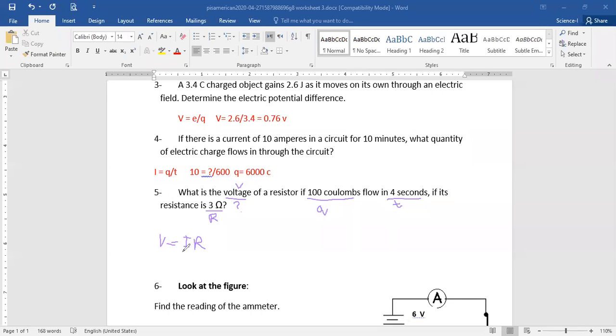But here, do you have the current? No. So we should find the current. We have the resistance, but we don't have the current. We have time. So how could I calculate the current?